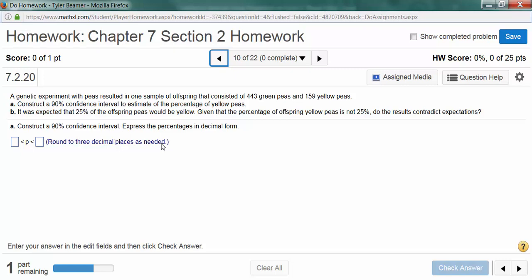And then p hat represents the sample proportion. So in this case, since we're doing a confidence interval to estimate the percentage of yellow peas, we want to find p hat in regards to yellow peas, so the percentage of the sample that was yellow peas. So that's 159 divided by the total value for n, which is 602 in this case.